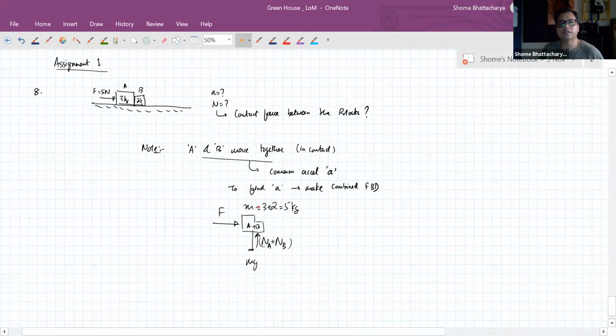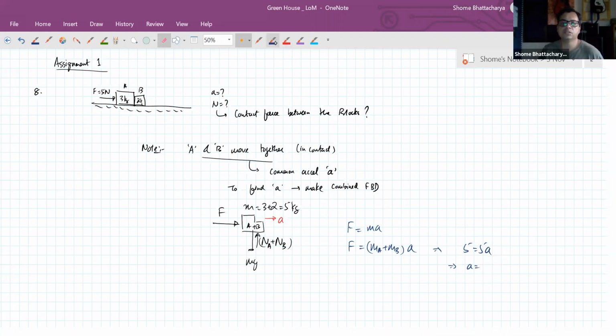And this system is having a horizontal acceleration a. So F will become mass of A plus mass of B into acceleration. So from that you will get the acceleration as 1 meter per second square. Now once you got this acceleration, you can make the individual free body diagram of either of the two, and from that you will get the contact force.